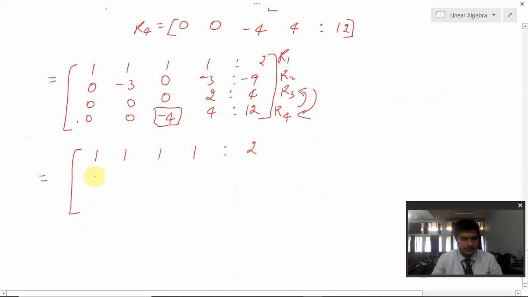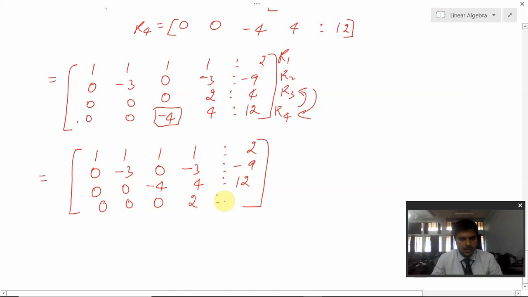This is 2 0 minus 3 0 minus 3 minus 9. Next is 0 0 minus 4 4 12 0 0 0 2, and this is 4. So our new R1 R2 R3 R4 are ready with lower triangle 0.